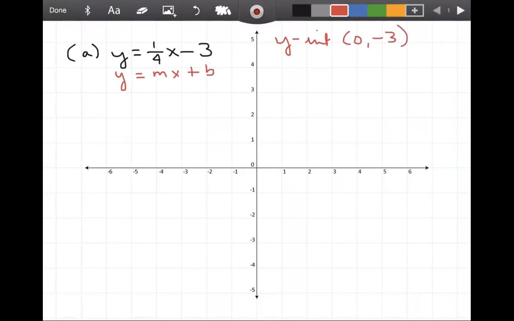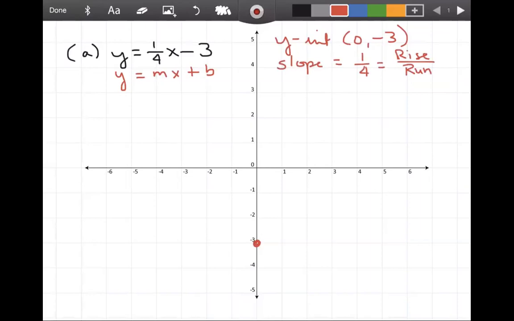So I'm going to plot that point. And now I'm going to use the slope, which is 1/4. Think of that as rise over run. And that basically gives you directions to the next point.